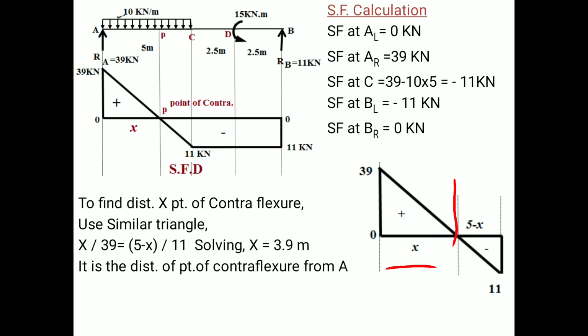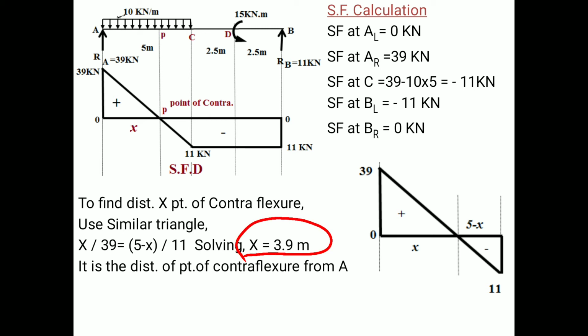Now, by using the concept of similarity of triangles, we have x upon 39, means this distance x upon the magnitude 39, is equal to this distance upon this magnitude, that is 5 minus x upon 11. After solving this equation, I have x equal to 3.9 meter.